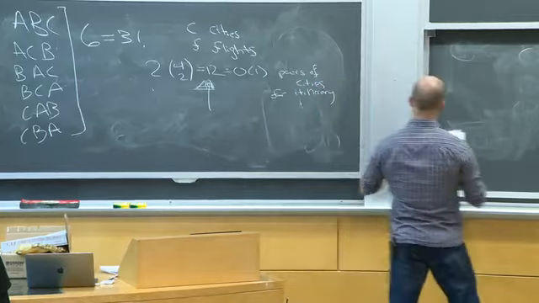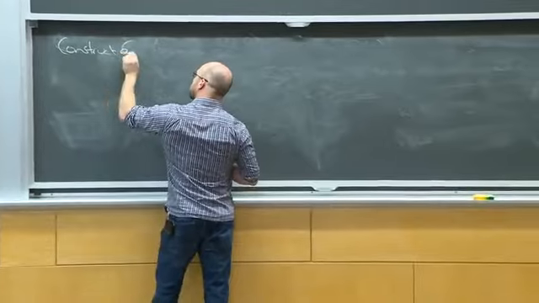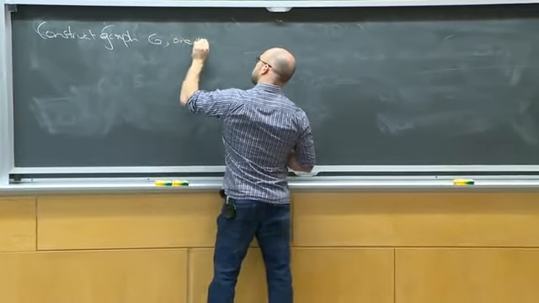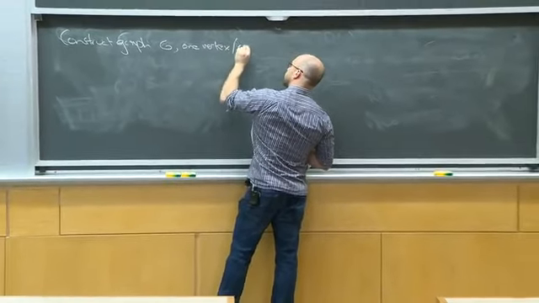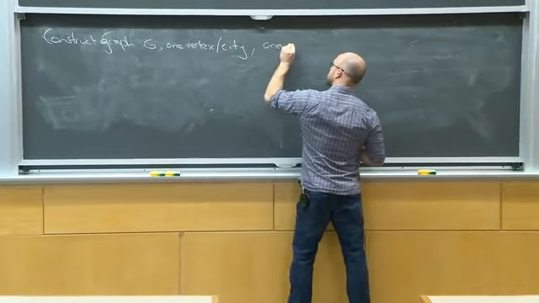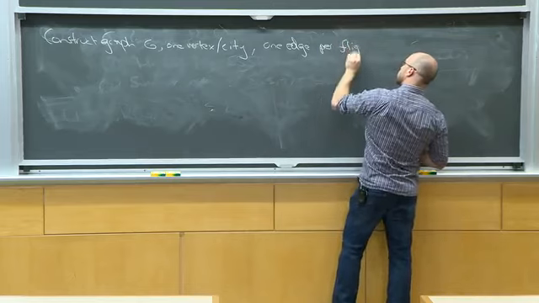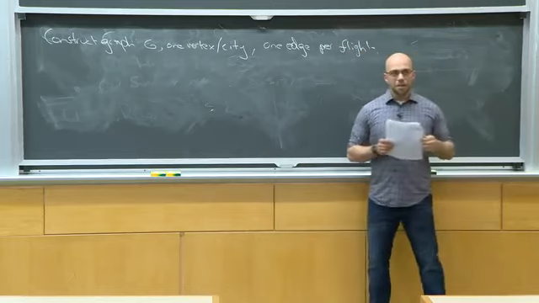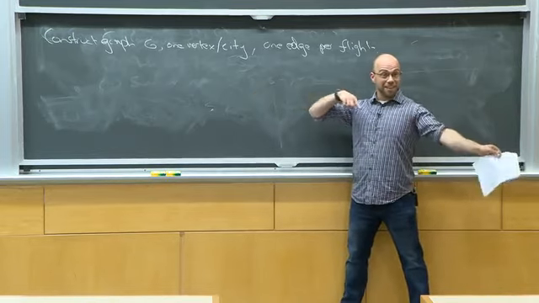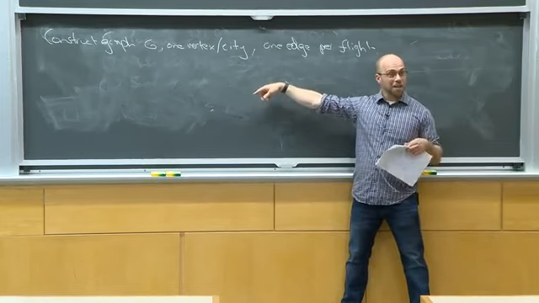Well, I'm going to construct a graph G with 1 vertex per city, and 1 edge per flight. And notice the minimum number of connections that I need to make between any city and any other city is equal to the length of the shortest path minus 1.